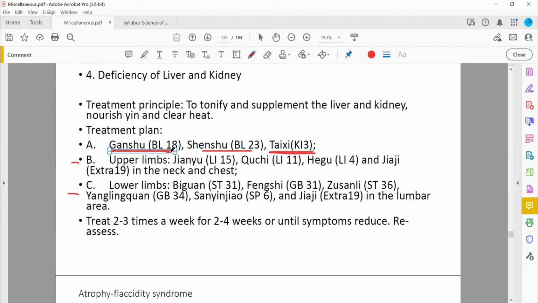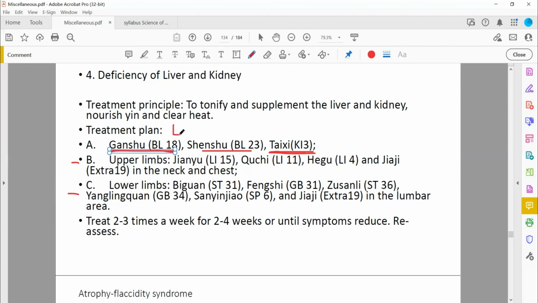This one, just the Ho-sea point. What other point could you use? Liver 14? Liver 14 is on the abdomen. Oh, Liver 3. Liver 3, that's a liver point.